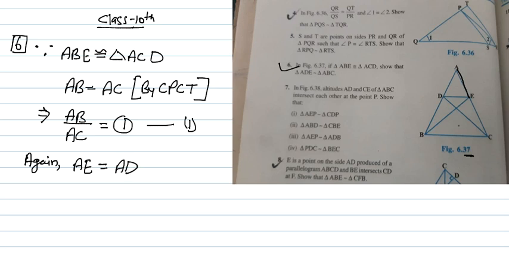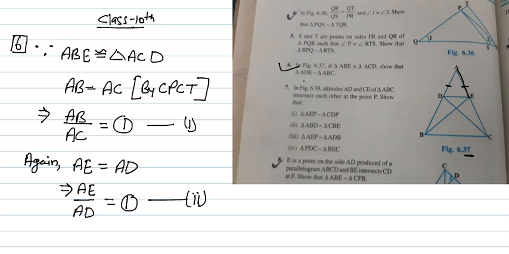AD is the side of another triangle, ACD. AE is the side of the first triangle ABE, and AD is the side of the other triangle ACD, so this will be directly equal to this. Now you can also write like this, AE upon AD is equal to 1 again. Let this be second. This is second.